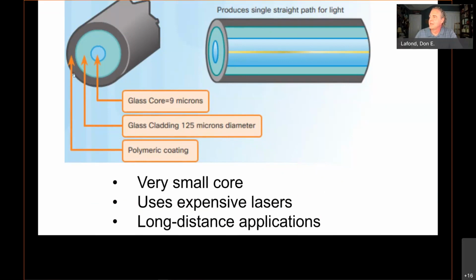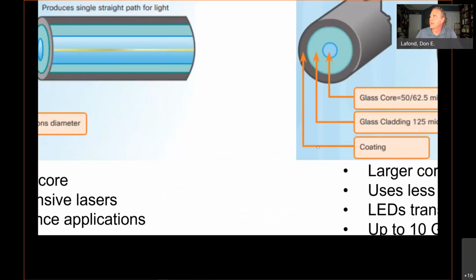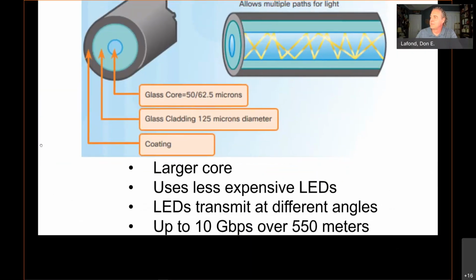And then there is a polymeric coating that does not protect it from a shovel, but it does protect it from some outside things. Like, yeah, the shovel, no problem, went right through it.